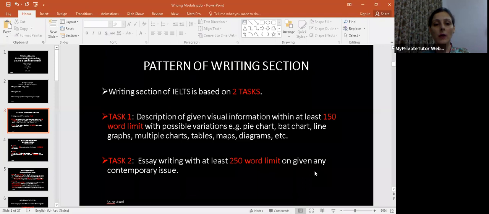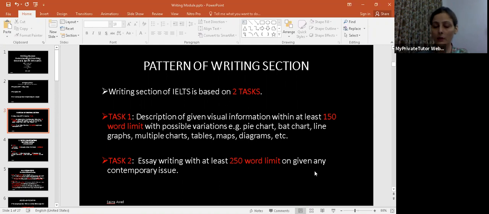So the writing section is basically based on two tasks, two questions, you can say. Task one is going to be the description of any visual information within a limit of at least 150 words.